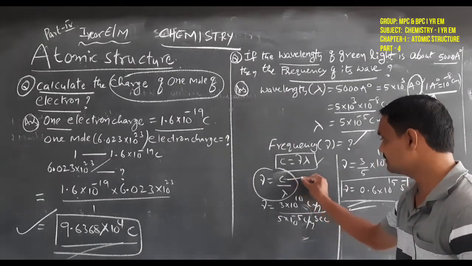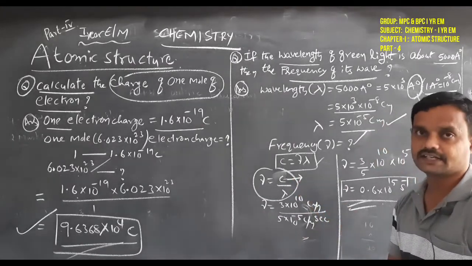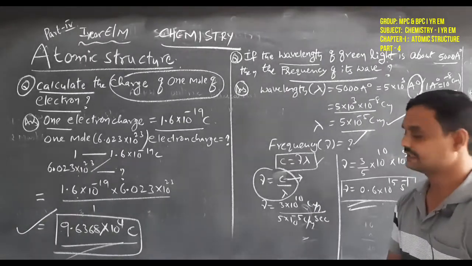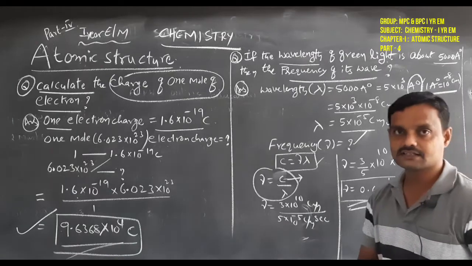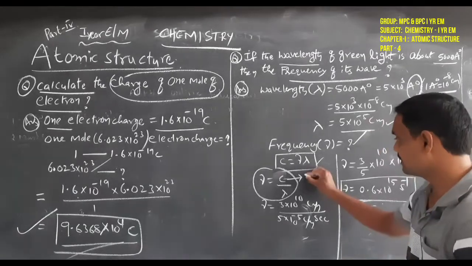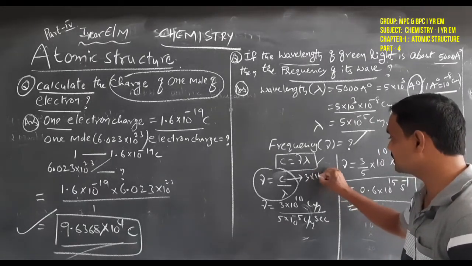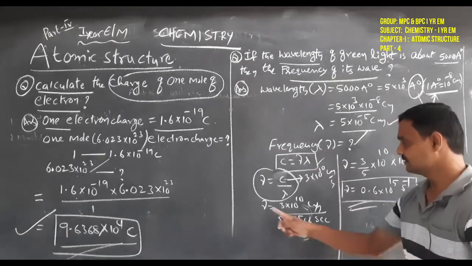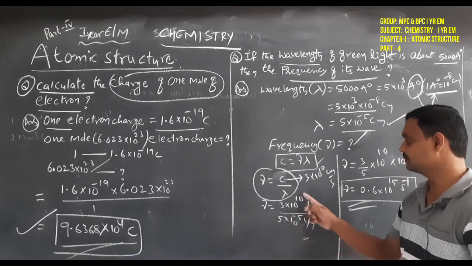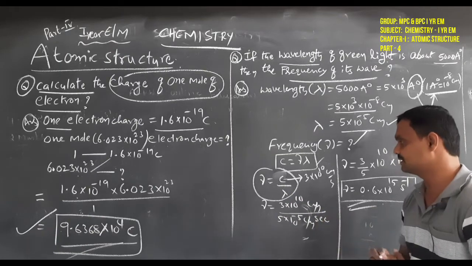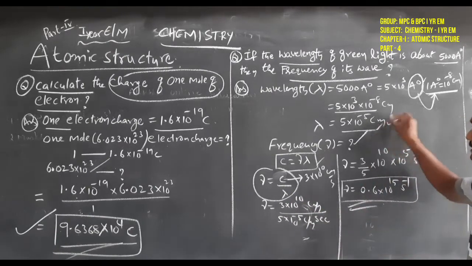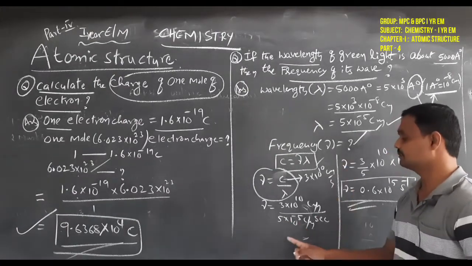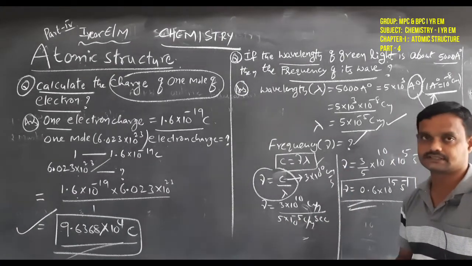Here c is the velocity of light, or the velocity of electromagnetic radiations, the light velocity constant, that is 3 into 10 power 10 centimeter per second. The wavelength given in the problem is 5 into 10 power minus 5 centimeters.